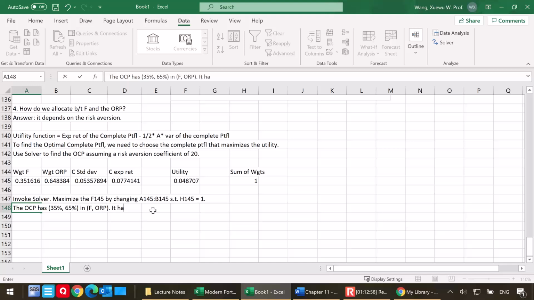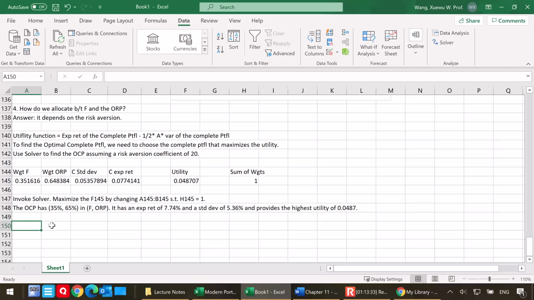It has an expected return of 7.74% and a standard deviation of 5.36, I'm doing a rounding here, and maximized, it provides the highest utility of 0.048487. So that is the optimal complete portfolio.